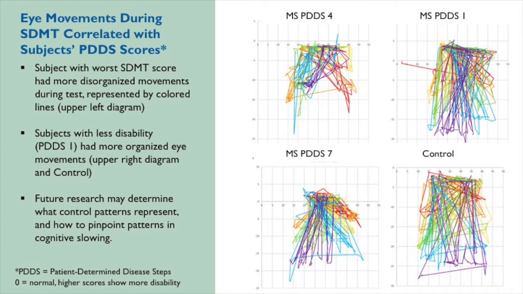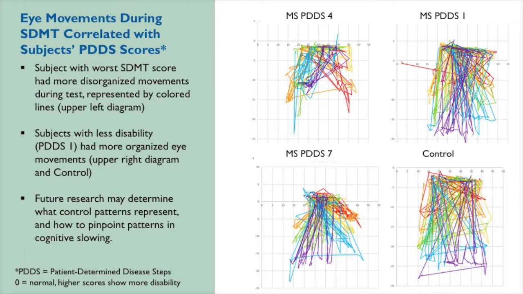I'm going to ask you about the colored graphs that you provided on the PDDS results. Can you show me what it is we're looking at here? Yeah, sure. This is an Excel-generated representation of the eye tracking. The first one you're looking at is the result of someone who had the worst SDMT score.